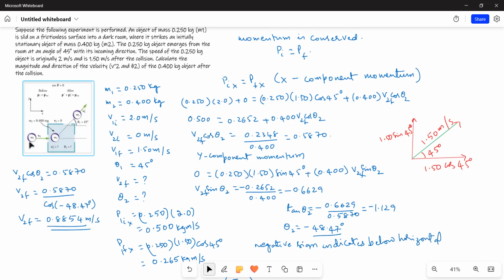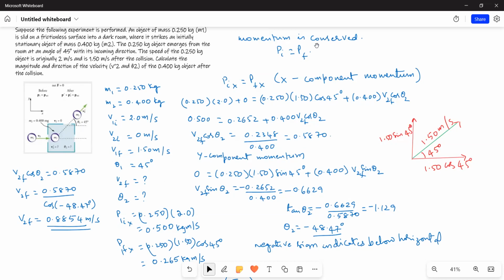That means it was moving along the positive x direction, and now it is making 45 degrees with the horizontal. We are supposed to find the final velocity of the second object and also the direction. So this is the data.